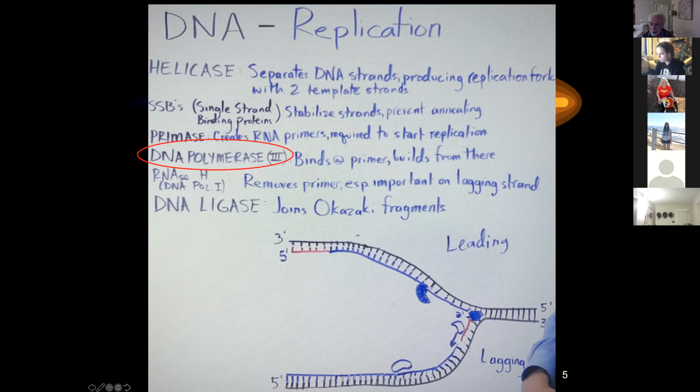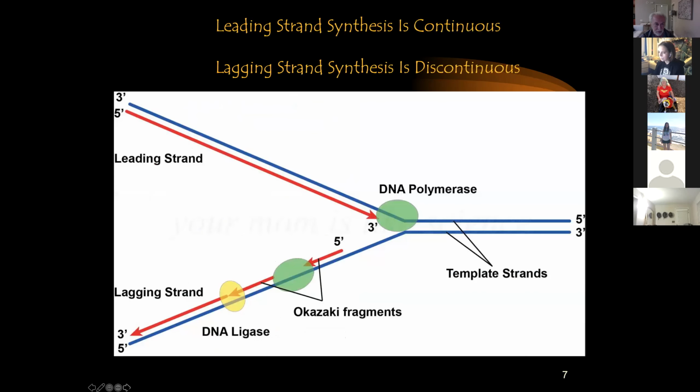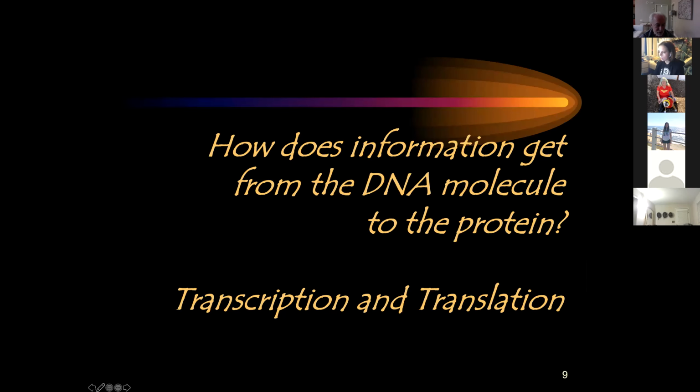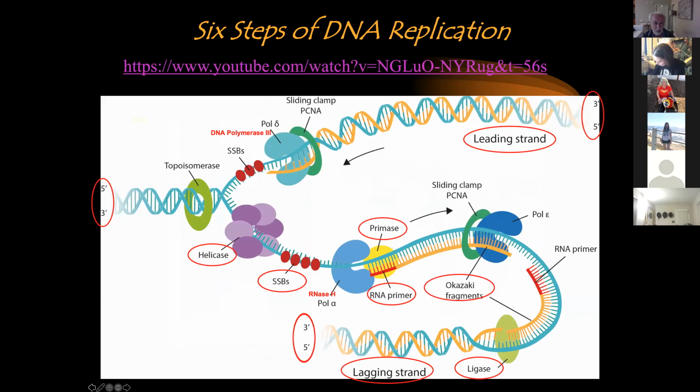I had a question, Justin Hansen. On the leading strand, does it only use one primase and polymerase no matter what, or could it also use multiple? No, only one, no matter. There's no need for it to start more than once.